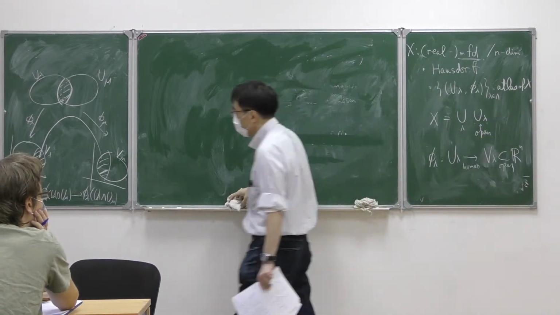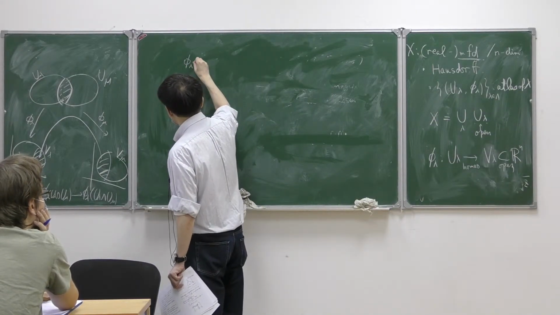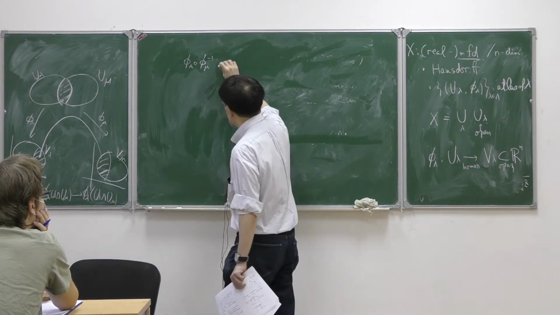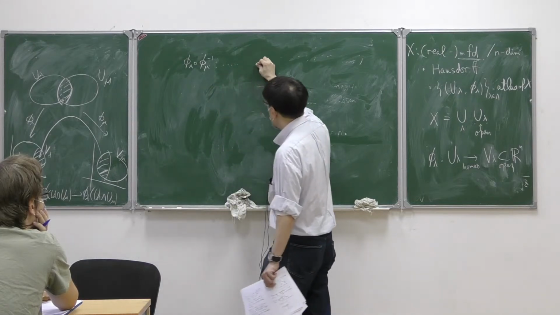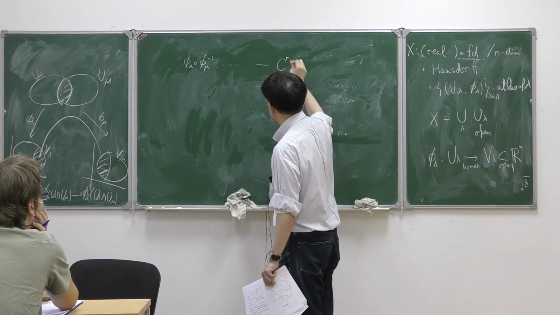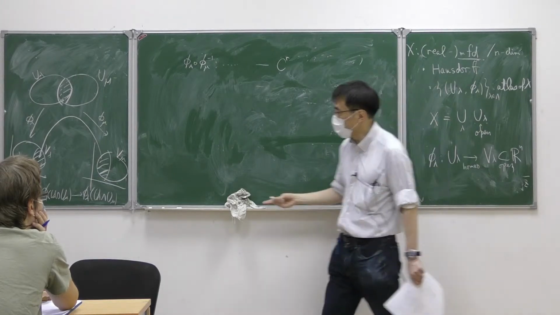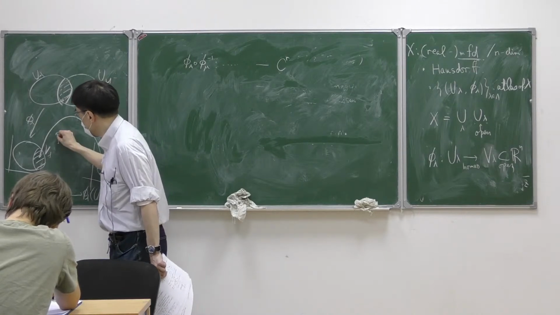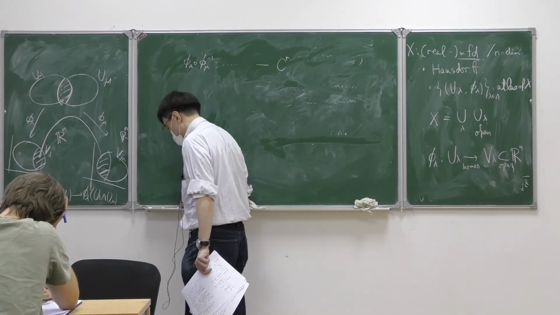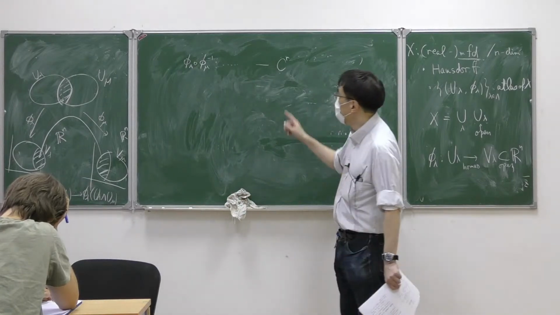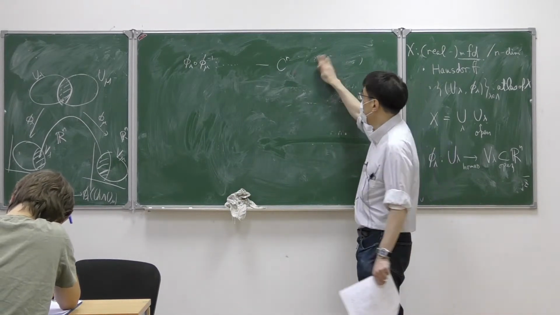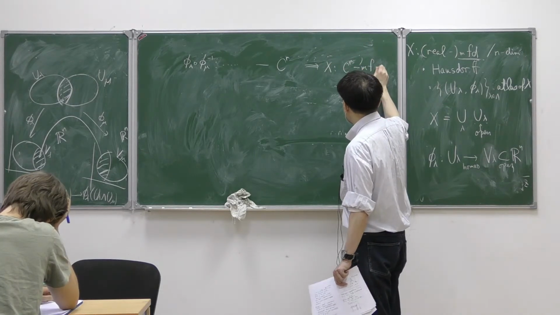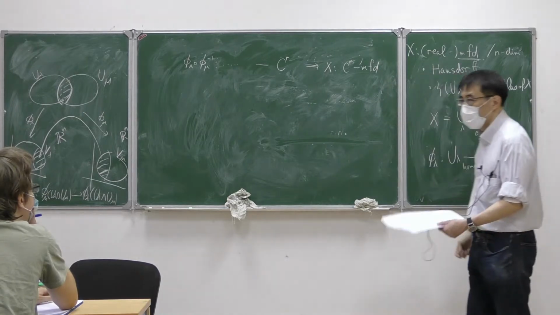So if this map is C^k, then X is called a C^k manifold.